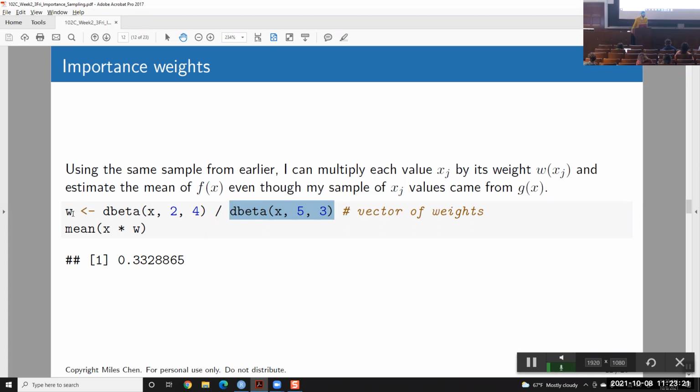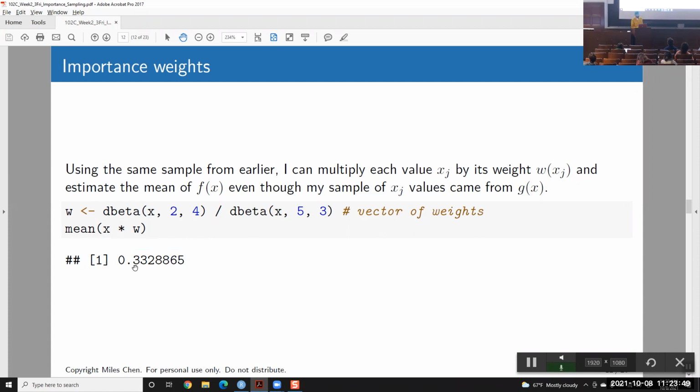And I take the product between those x values and their weights. And when I calculate, say, the mean, this mean is very close to the theoretical mean of 0.33 for this beta distribution.